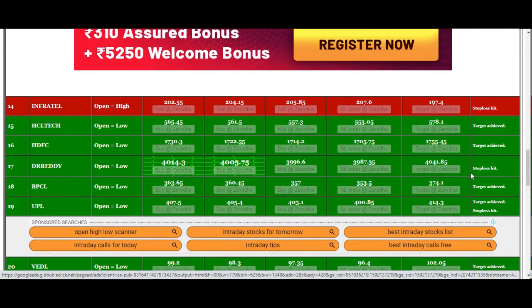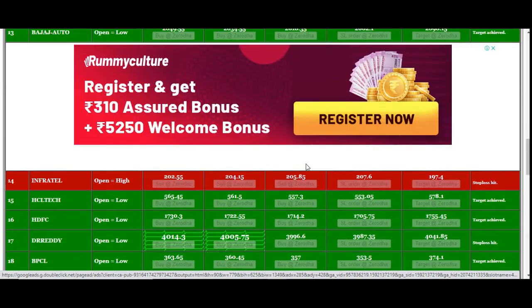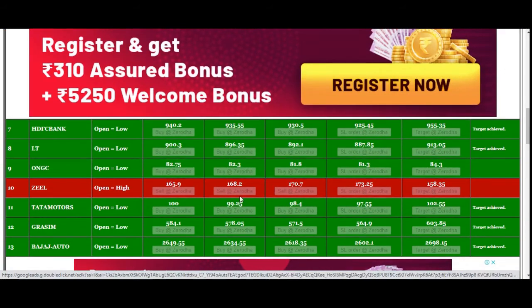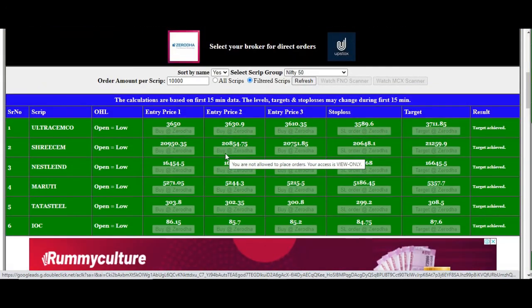You can see that this particular one had its stop loss hit, but by the end of the day you can see most of the stocks have achieved their target. If a stock is trading at open equal to low, it means the stock doesn't move below its open price and keeps moving higher after opening for the day, which means there is some good news in that stock, so we go long on that day.